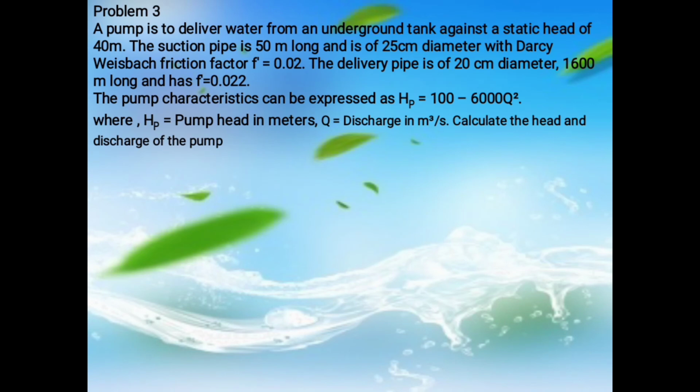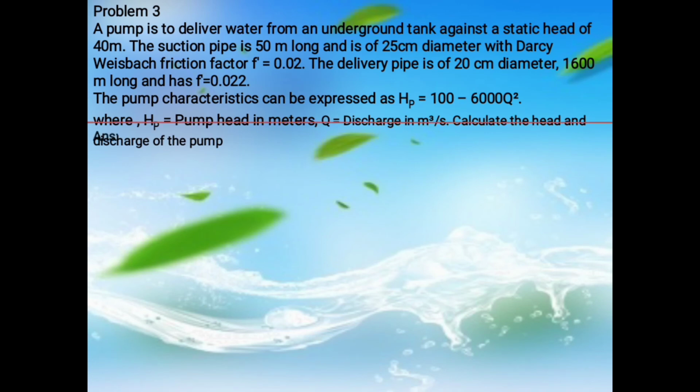The delivery pipe is of 20 centimeter diameter, 1600 meter long and has F dash equal to 0.022. The pump characteristics can be expressed as HP equal to 100 minus 6000 Q square, where HP is the pump head in meter, Q is the discharge in meter cube per second. Calculate the head and discharge of the pump.